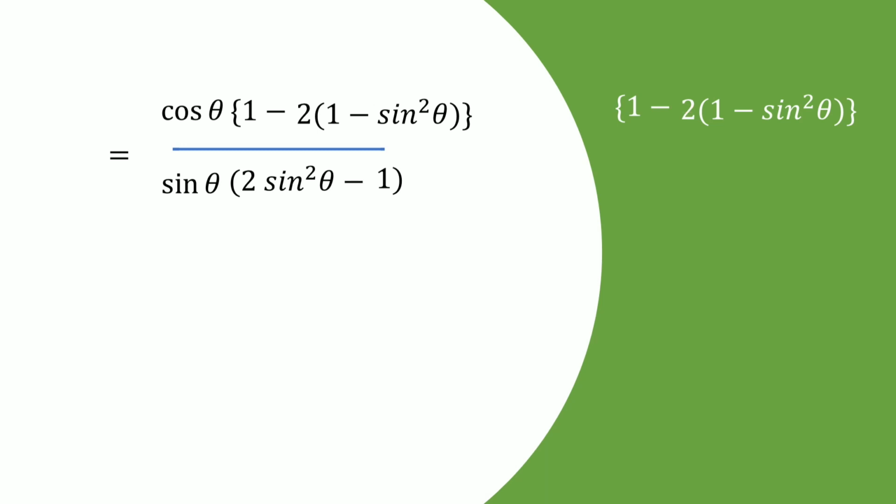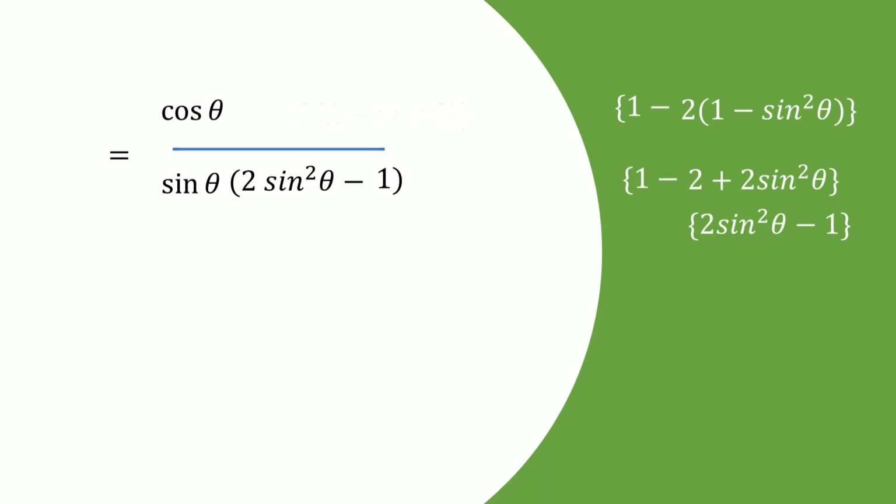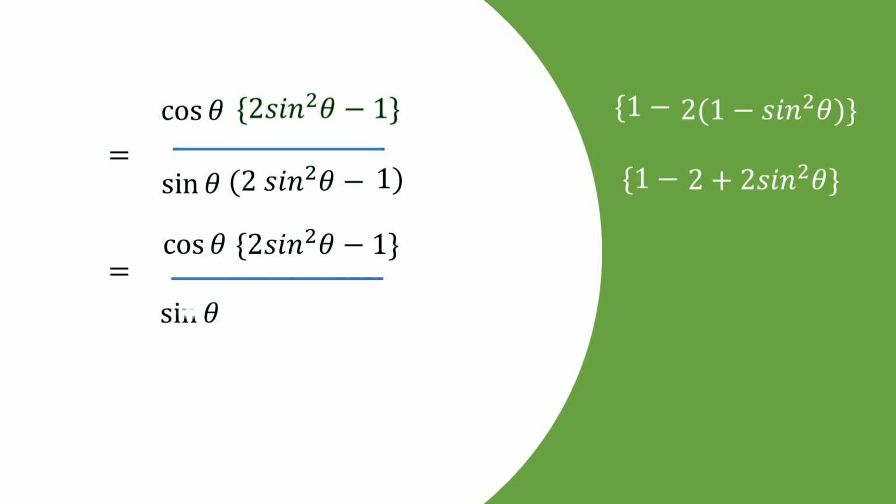Okay, observe the steps. 2 into 1 is equal to 2 minus 2. Here minus minus plus 2 sin square theta. So the whole thing, 1 minus 2 is minus 1, 2 sin square theta minus 1. We can replace the whole thing with 2 sin square theta minus 1. You can observe these two things can get cancelled, which I am going to do in the next step.